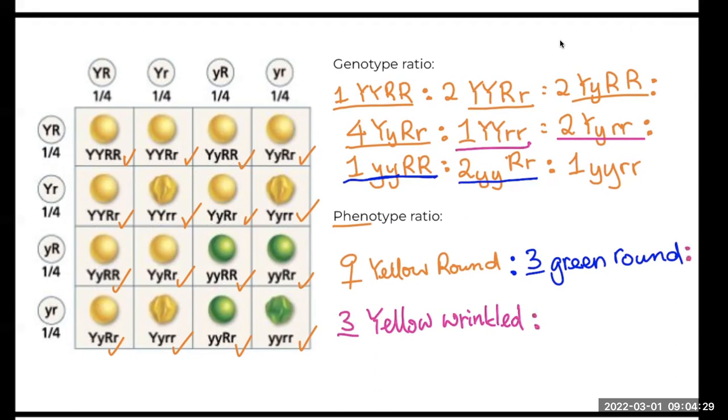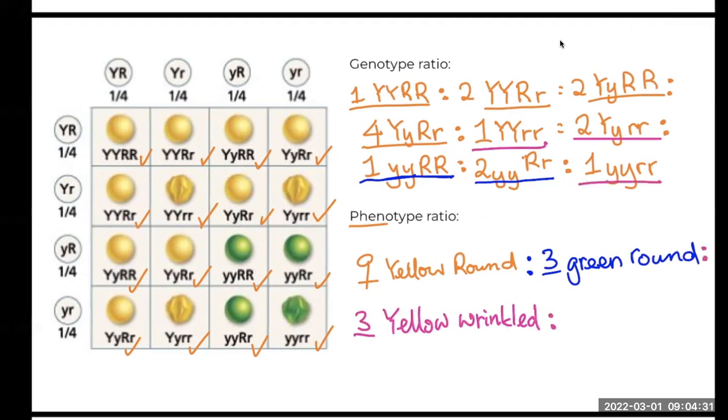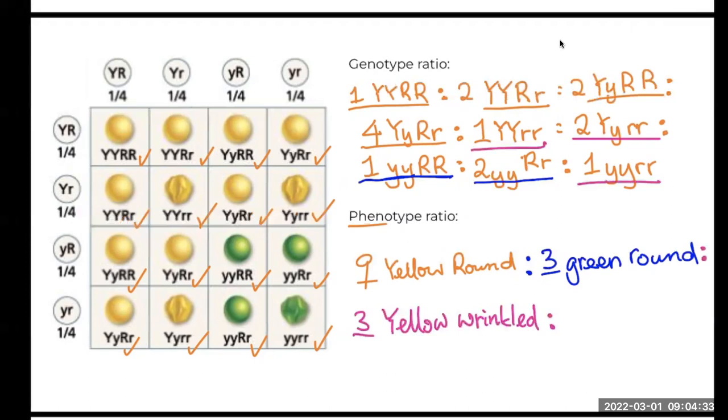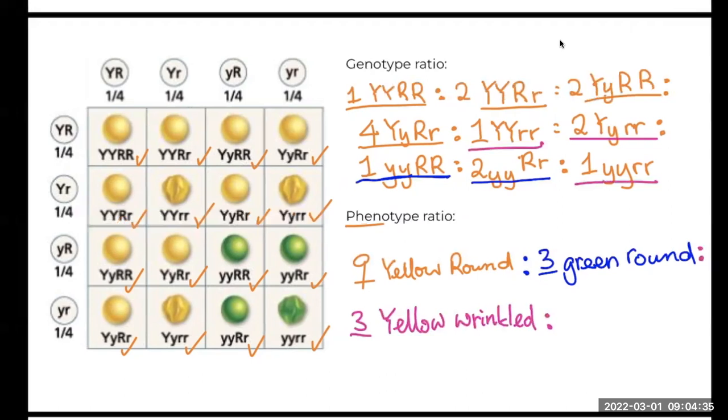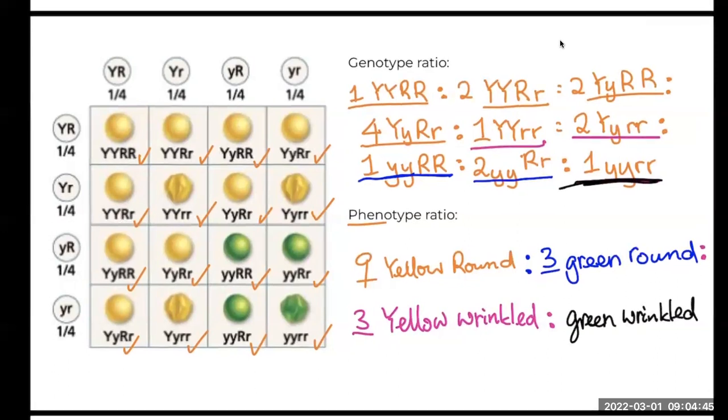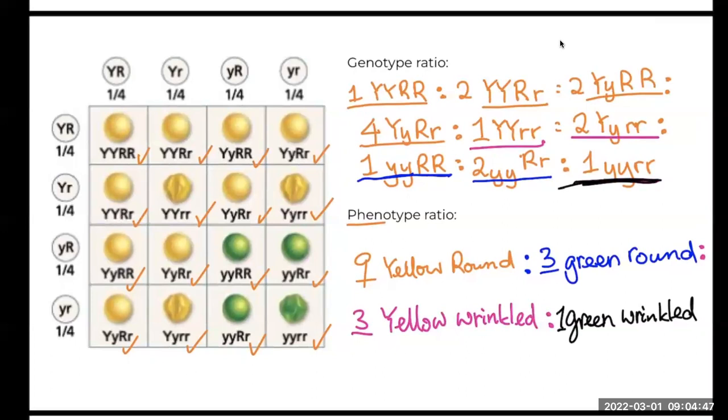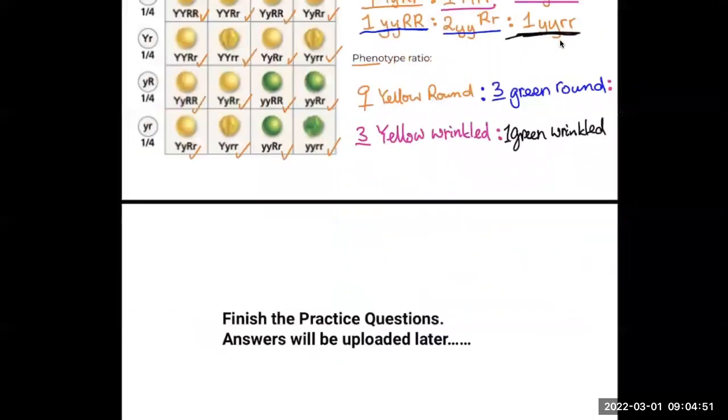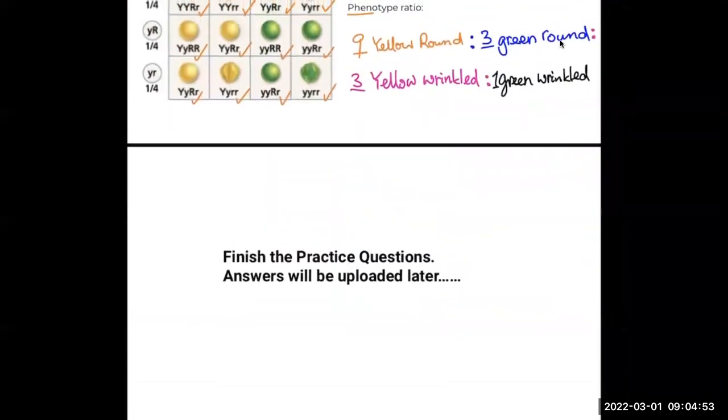And then the last one is green and wrinkled. So this one. So 1 right here. And this is how you would do your phenotype. Okay, so finish the practice questions and answers will be uploaded.